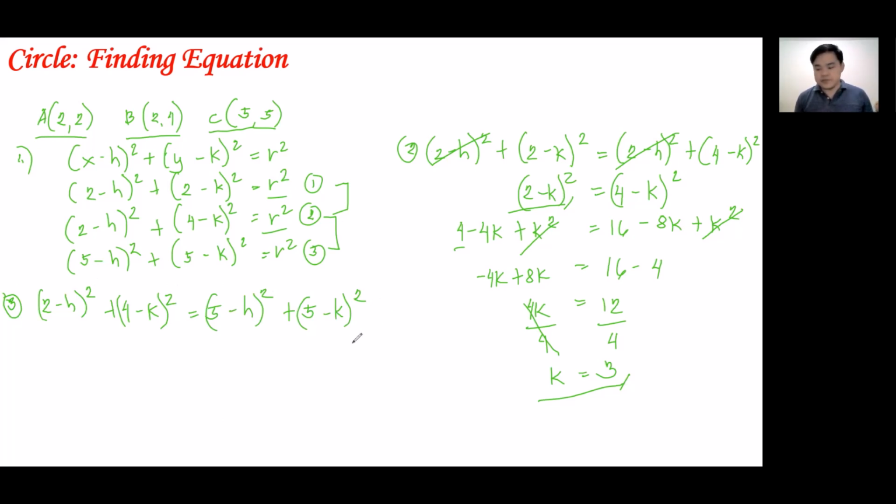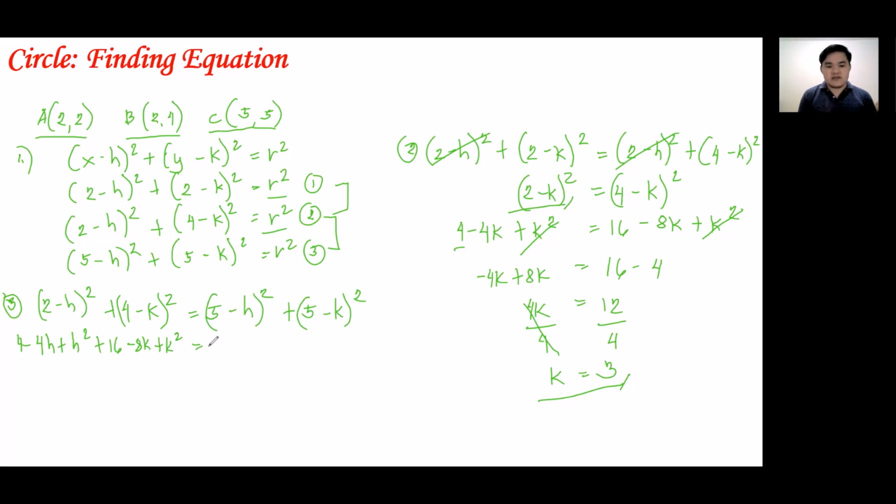Okay, now after this one, do we have the same number on this one? I think we don't have this, so we're going to expand everything. In expanding this one, this is 4 minus 4h plus h squared, plus this one, expanded: 16 minus 8k plus k squared.